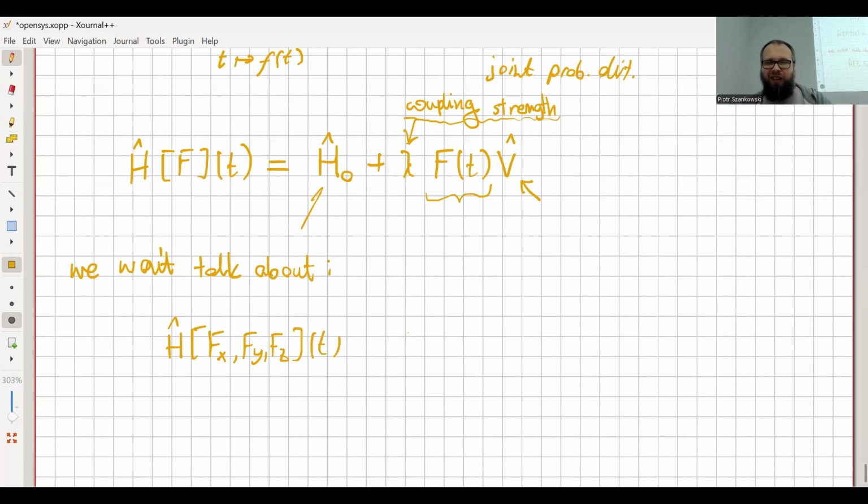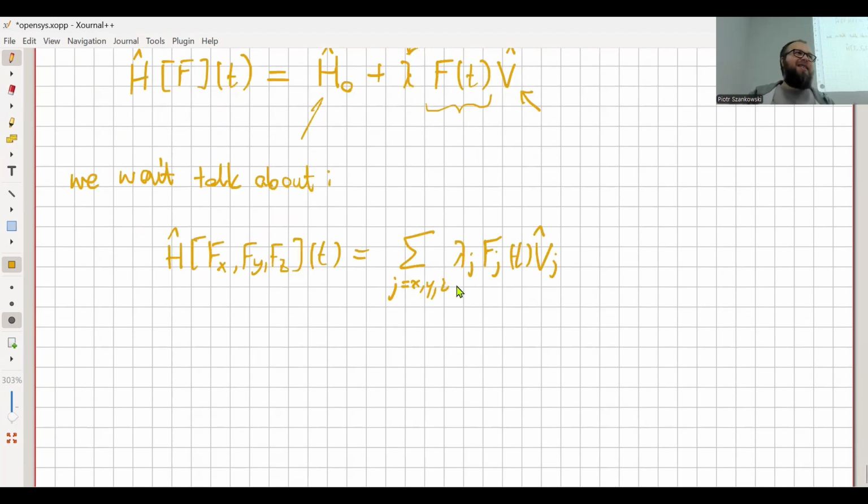So for example, something like this, sum over j of lambda_j f_j times some V_j. We won't talk about that, okay? Although it's a valid stochastic Hamiltonian, we just won't touch it.